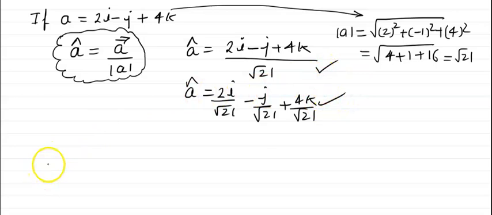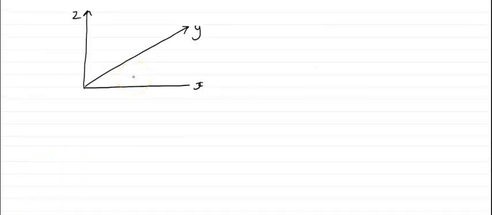Okay. Let's move to another concept. This is our x, y, z coordinates, and here is a vector A. Its distance from the origin is modulus A. Suppose this vector A makes angle theta x with the x-axis.